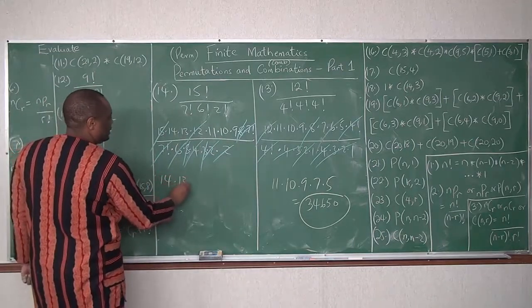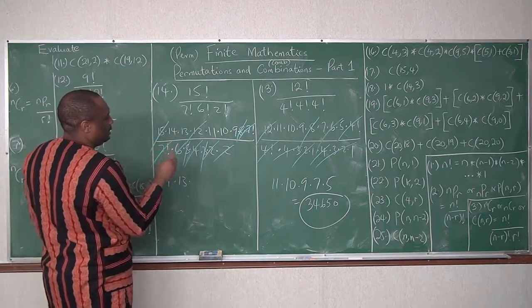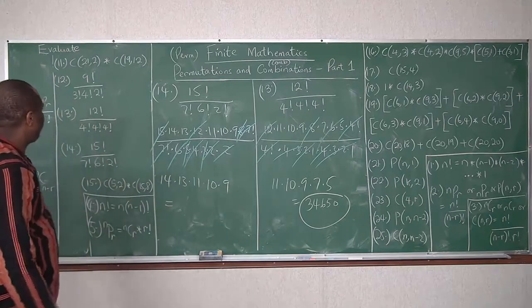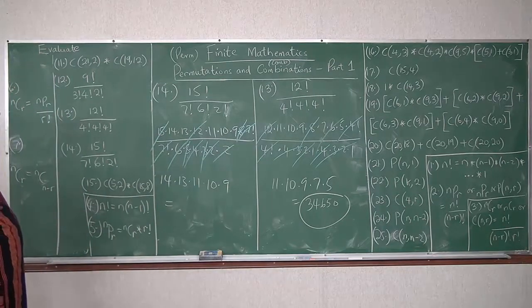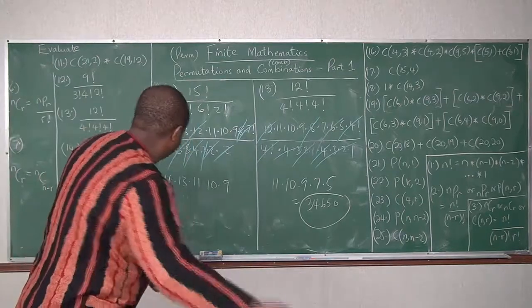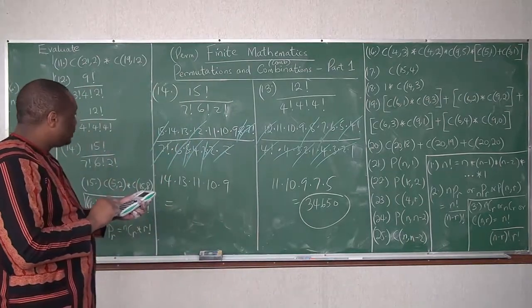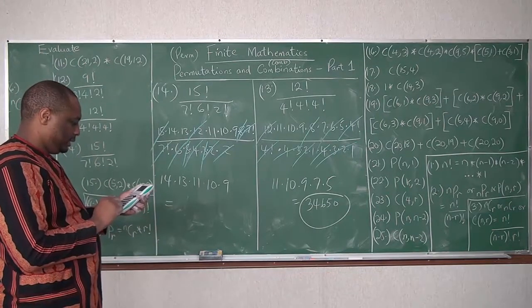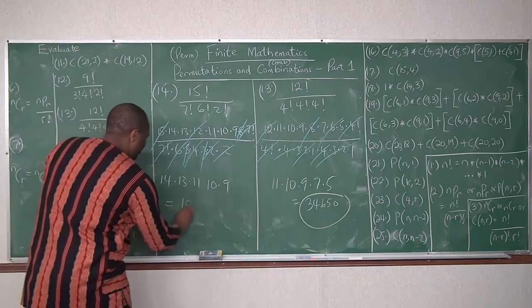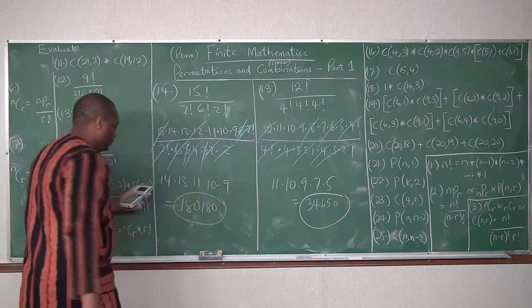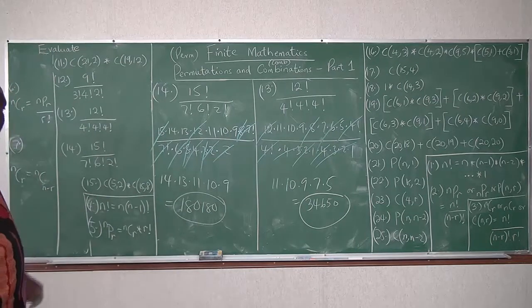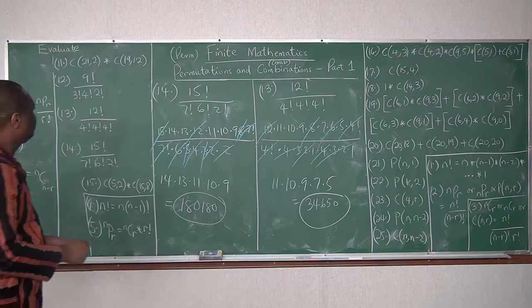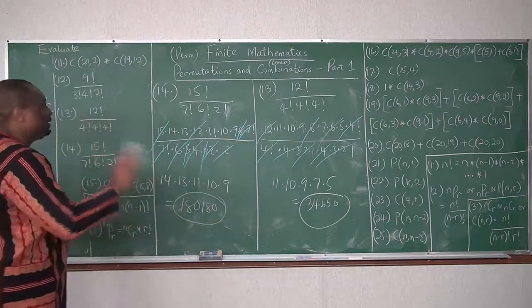So we have 14 times 13 times 11 times 10 times 9. Okay? Which gives us 180,180. Okay? That's 14. 15. Let's erase all this.